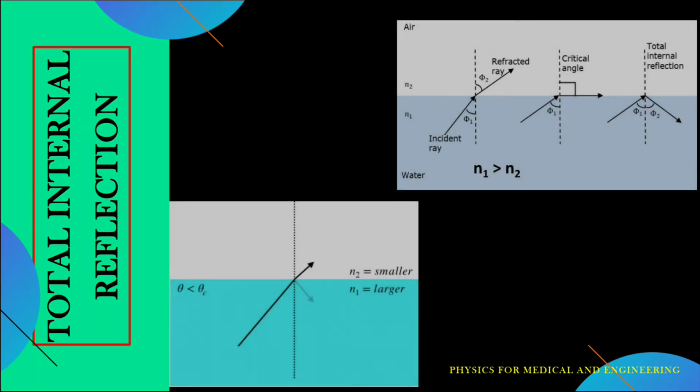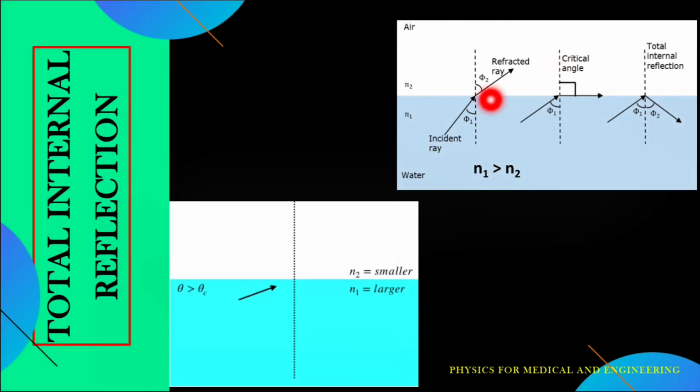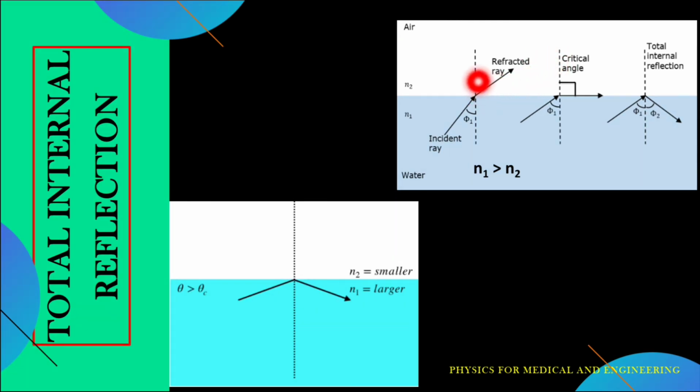We all know that when light travels from a medium of a high refractive index to that having a lower refractive index, the refracted light bends away from the normal. As we increase the incident angle, the refraction angle is increased as well. Now, at a specific angle of incidence, the incident ray of light is refracted in such a way that it passes along the surface of the water.